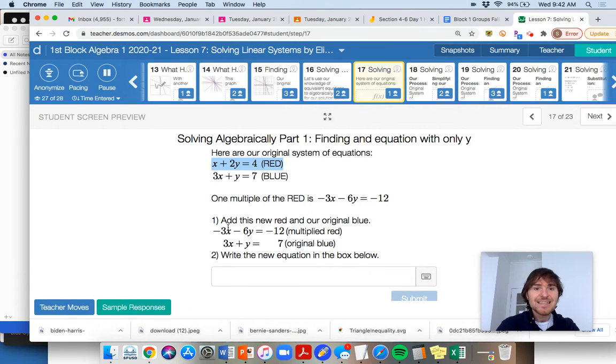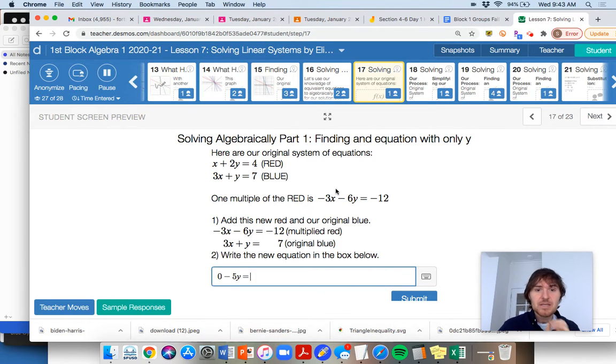So what you should be seeing is I can add these two together. Negative 3x plus 3x is 0. Negative 6y plus y, I'm at negative 6 and adding 1y, brings me to negative 5y. We'll still have a negative amount of y's, negative 5y's left there.